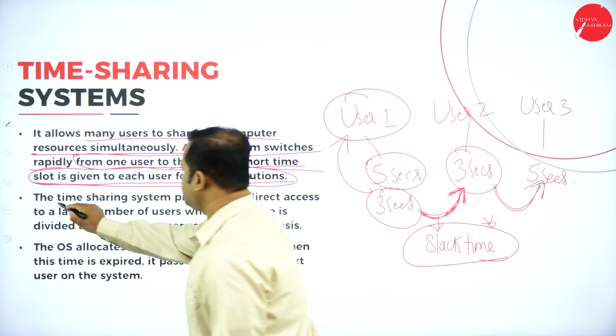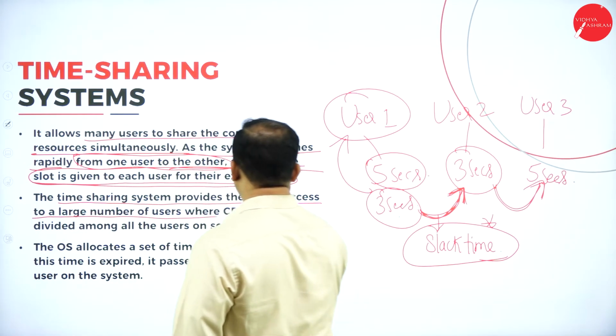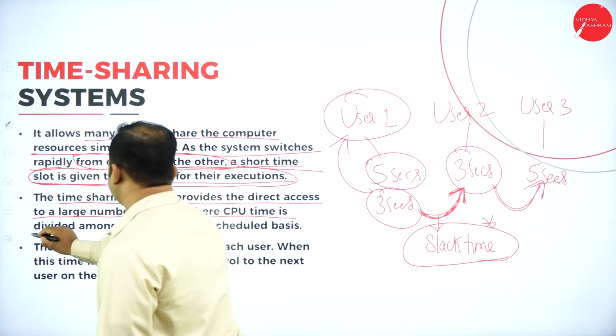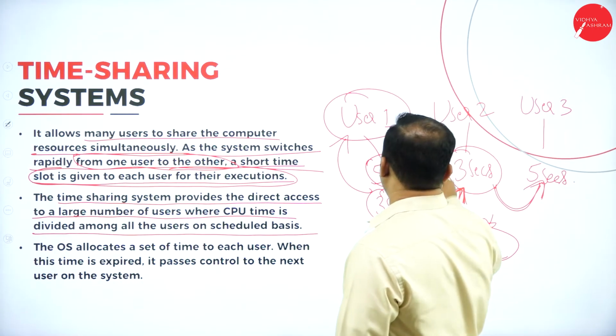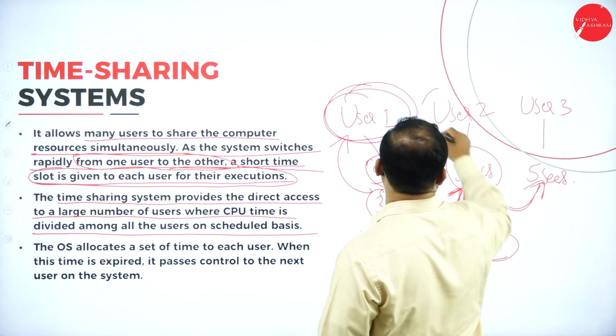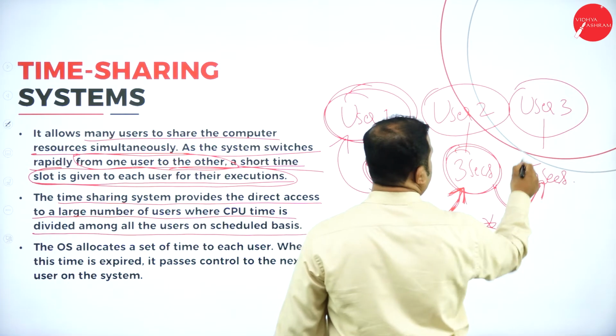Next, the time sharing system provides direct access to a large number of users where CPU time is divided among all the users on a scheduled basis. That means all these users are dedicated certain times, that is 5 seconds, 3 seconds, 5 seconds.